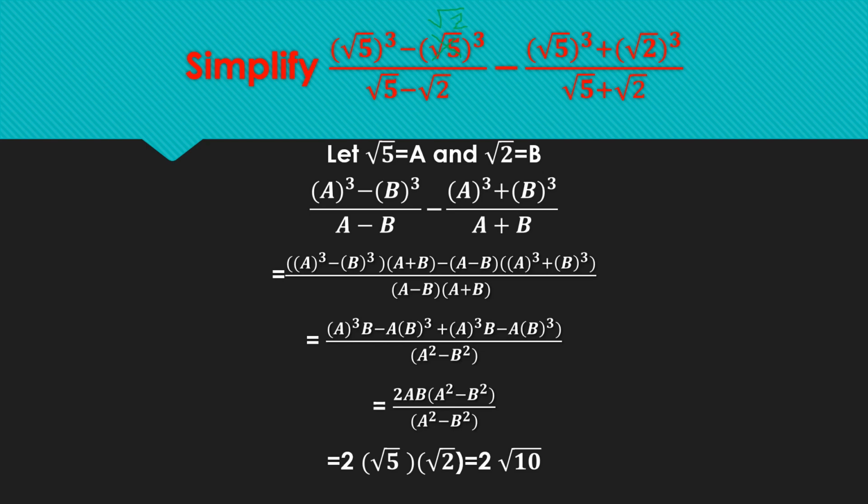So, A cubed minus B cubed divided by A minus B minus A cubed plus B cubed divided by A plus B. Now, some of you would have heard the method like 3 by 5 is equal to 6 over 10. I can multiply the denominator by both sides, and we will still get the same fraction.